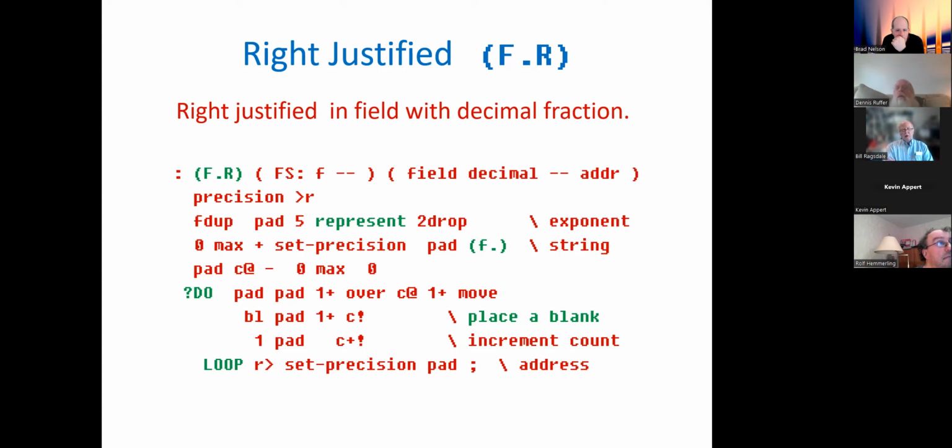So not using the obscure method that's built into Forth, I just do that simple string conversion into a buffer. And then finally the do loop places the leading blanks. So the (F.) does my conversion to the proper number of decimal points, and then I pad it with leading blanks.